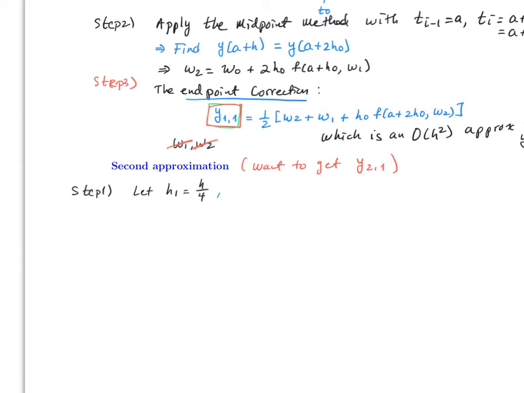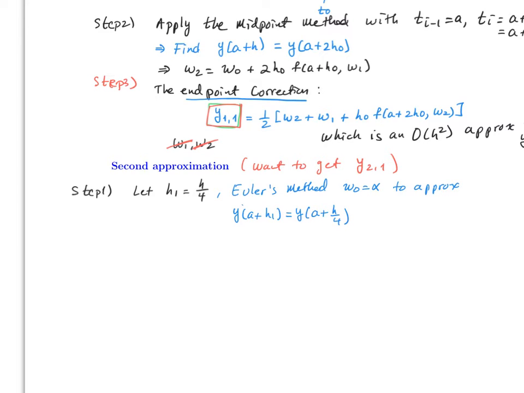Again, we're going to use Euler's method with the initial condition w0 equals alpha, just like before, to approximate y of a plus h1, which is the same thing as y of a plus h over 4.